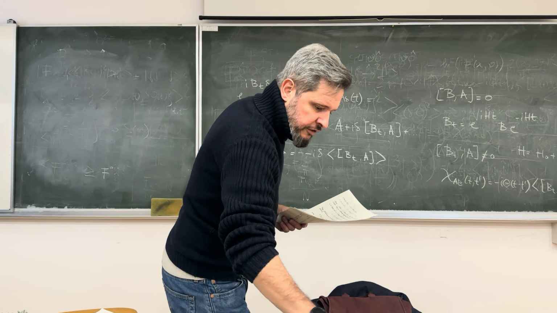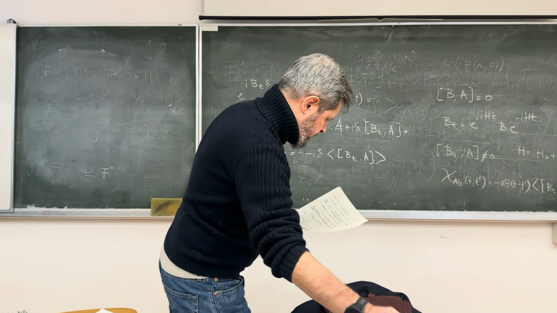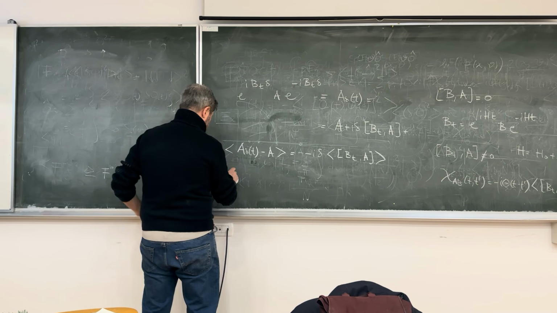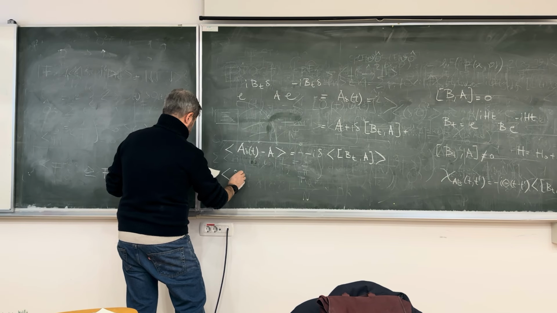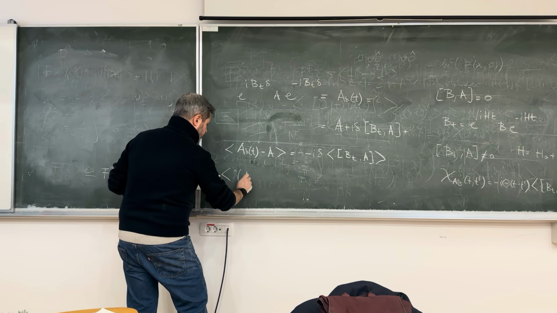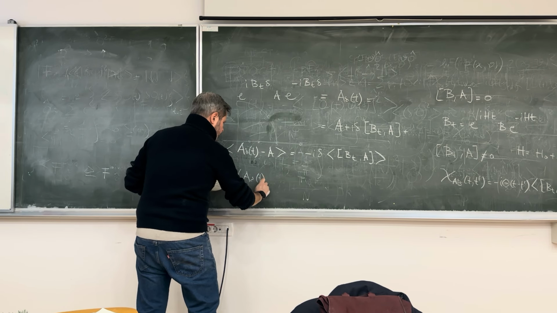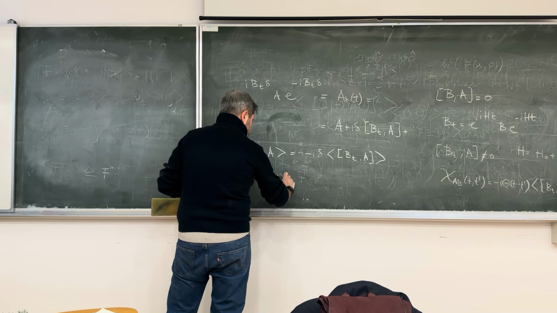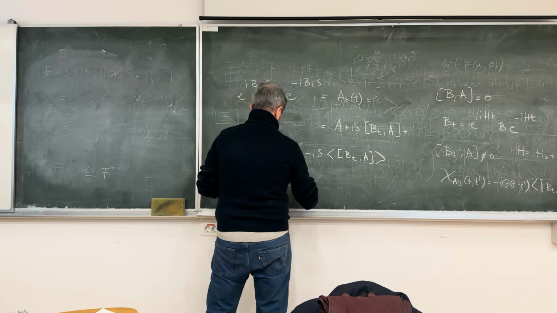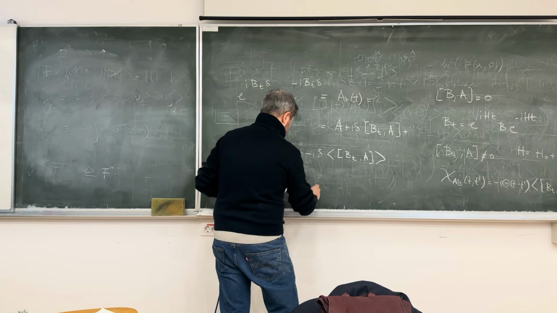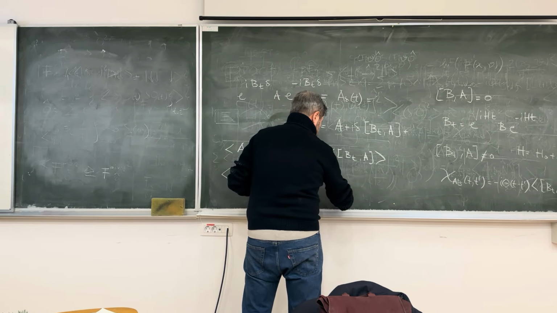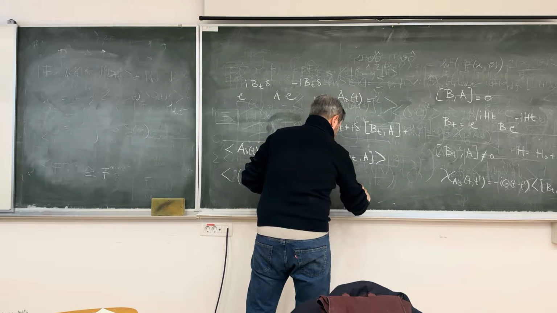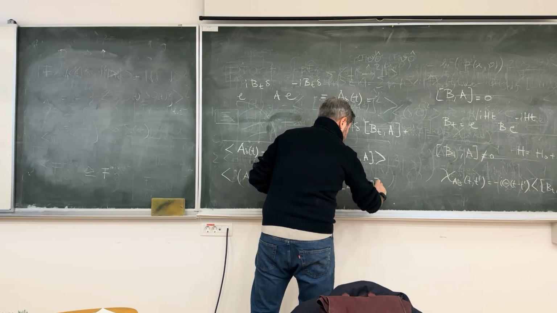If we consider the fluctuations, so we consider the average of A of delta theta minus A, squared, then this is equal to minus delta theta squared the average of d_t A squared.